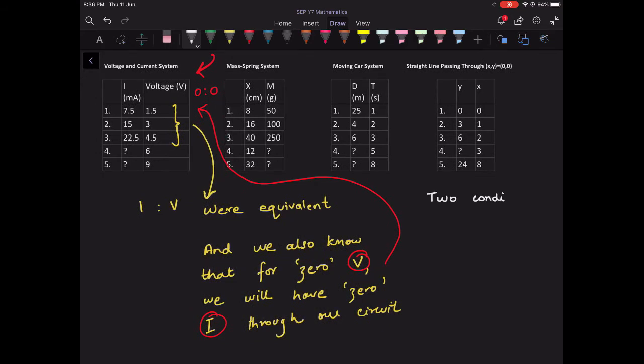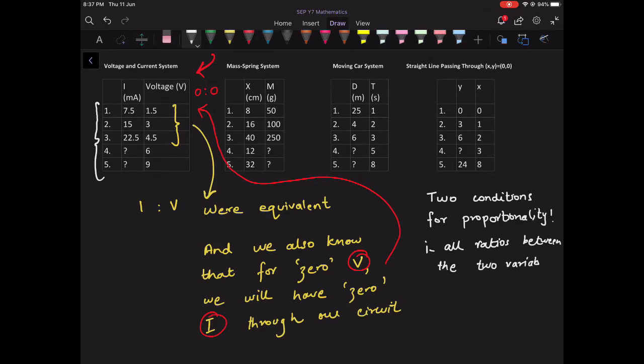Therefore, there are two conditions that tell us whether two variables are proportional or not. Number 1. All the ratios in the table must be equivalent, which means that we should be able to simplify them all to one simple ratio.